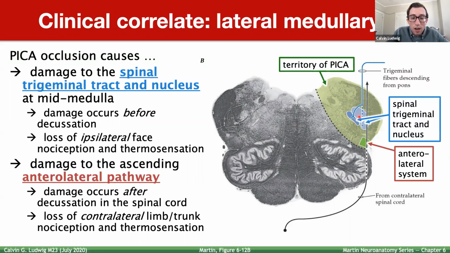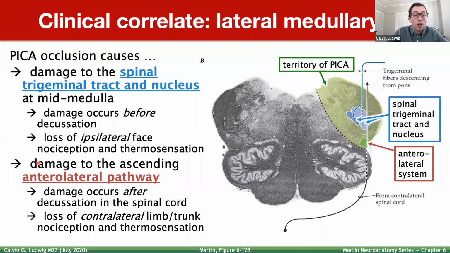So notice here in blue, the spinal trigeminal tract and nucleus, these nerves have not yet decussated, we're arising directly from it, and it's going right up to the thalamus there. So that's why we lose ipsilateral face nociception and thermosensation.